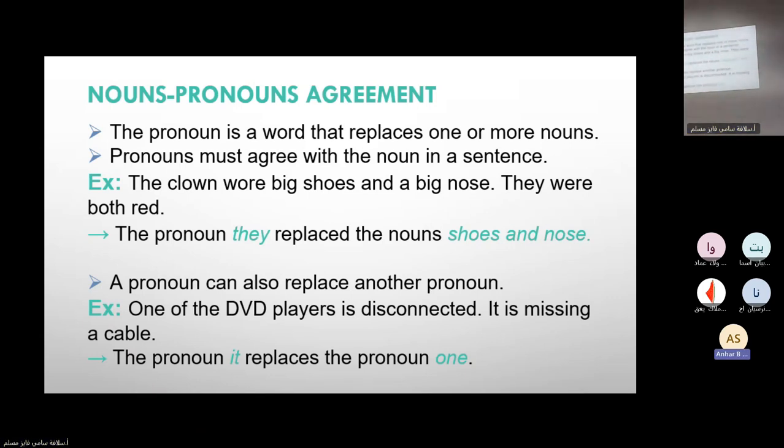One of the DVD players is discounted. It is missing a cable. The pronoun it replaces the pronoun one. True, we said DVD players, but the pronoun is one. It's singular.